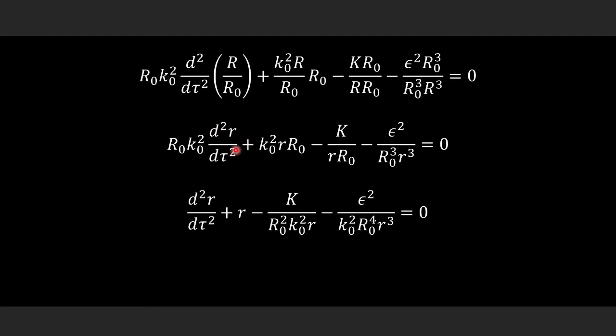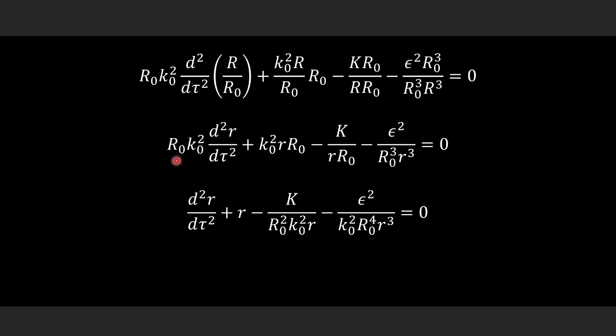Okay, we do that. Now what we have to do is we just have to put r over r naught is equal to r. So that's what we get here. We have r cube, but still we are left with k naught square r naught here, r naught here, and r naught cube here. Alright, so we will divide throughout by k naught square r naught.